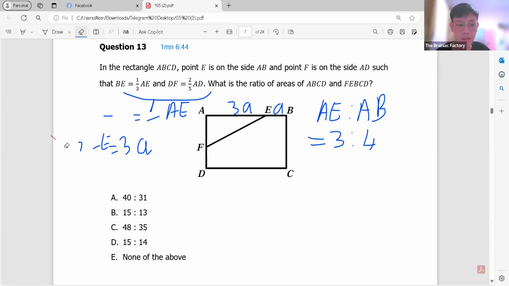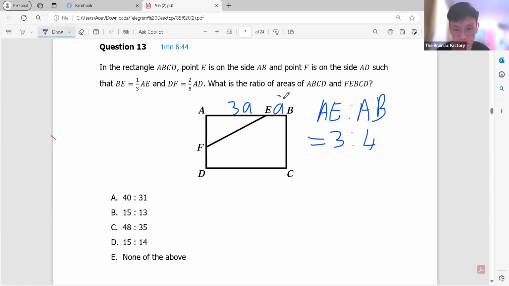Okay, so what are we going to do next? We have to find the ratio of the area of ABCD and FEBCD. To find the area of ABCD, we're going to have AB multiplied by AD.